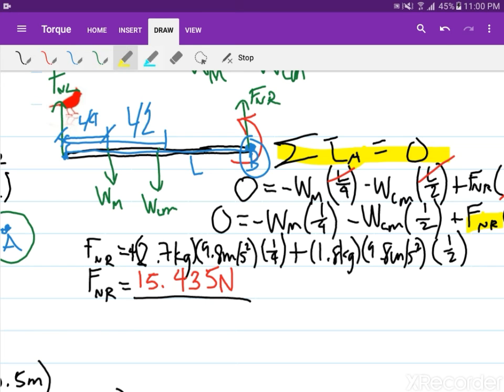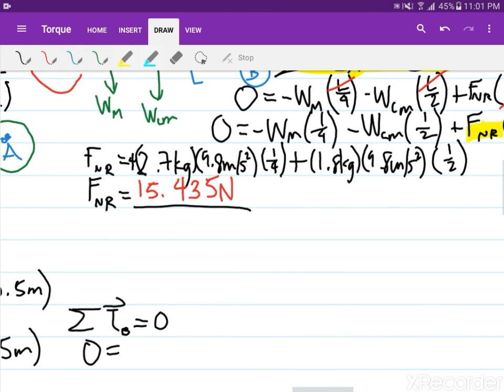Let's start with F N L. This force is causing a torque in this direction, which is clockwise, so this should have a negative sign. This will be minus F N L times its moment arm of L.